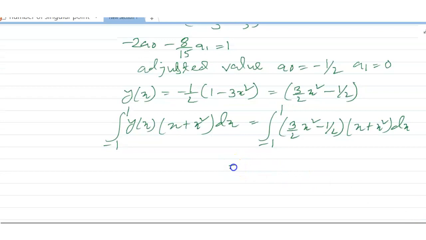That value is 3/5 minus 1/3, and I get 4/15.